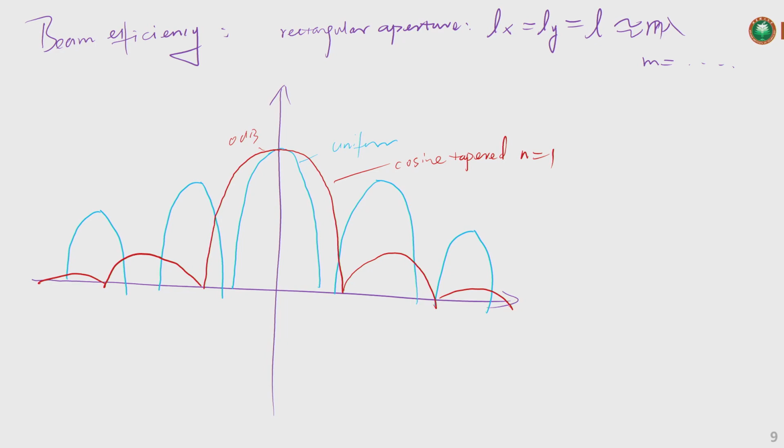If we want to get the beam efficiency, we need an expression for it. We use theta b for the beam efficiency.